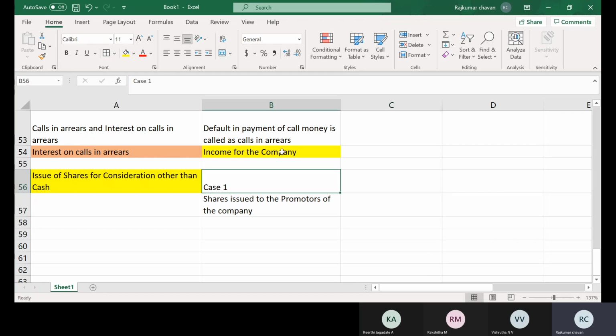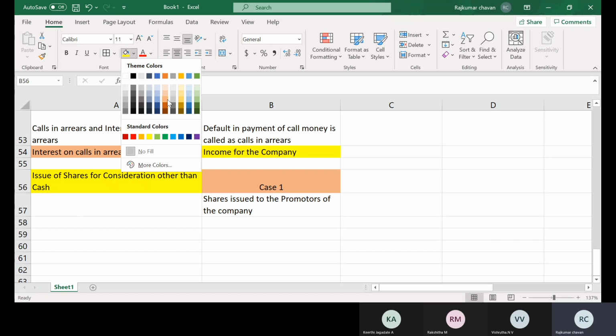Promoters are the people who bring the ideas to the company, so they also hold some shares. If you see the rules, I think it should be not less than 25%. If a company has 100% shares, 25% should be held by the promoters of the company. There is one rule like that.